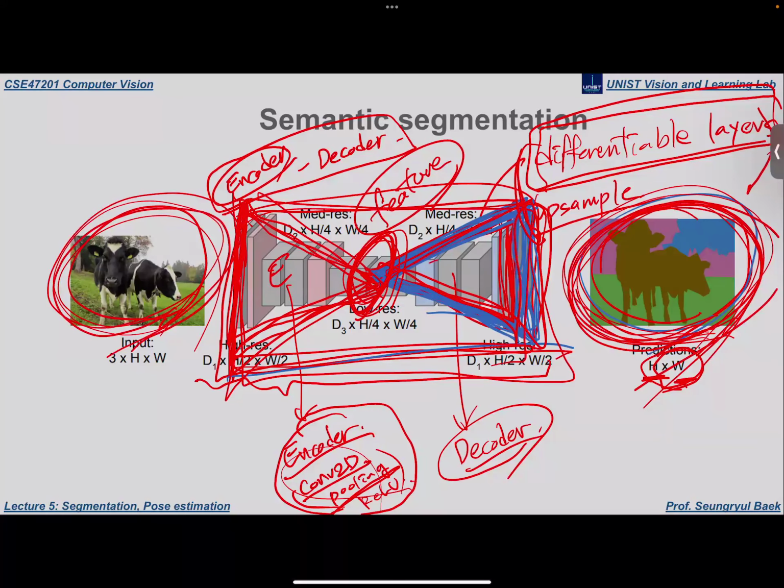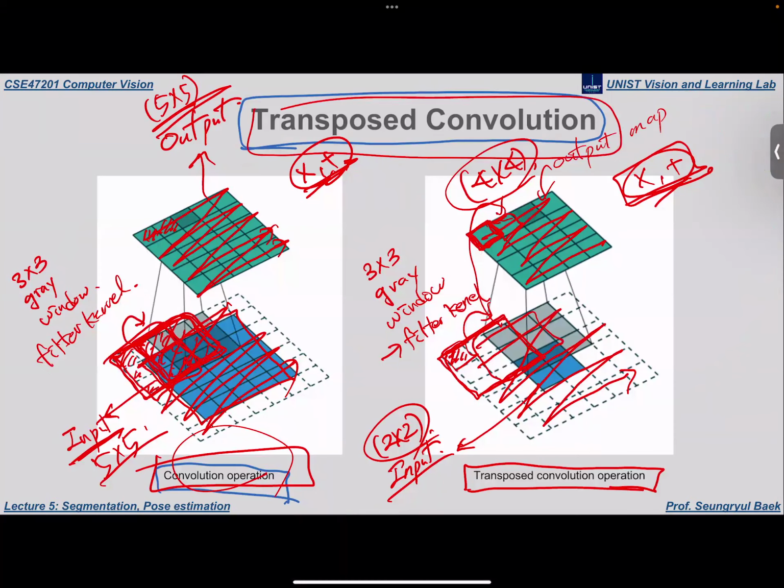And on the decoder side, we are using the transpose convolution. You can observe that this transpose convolution can upsample the input signal. Actually, it enlarges the size of the responses compared to the input.